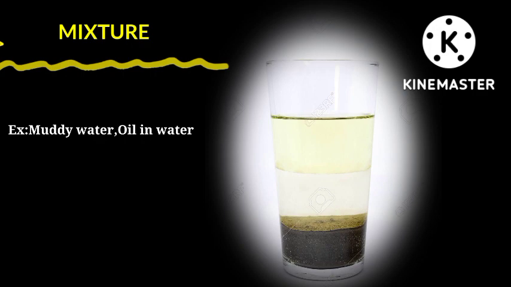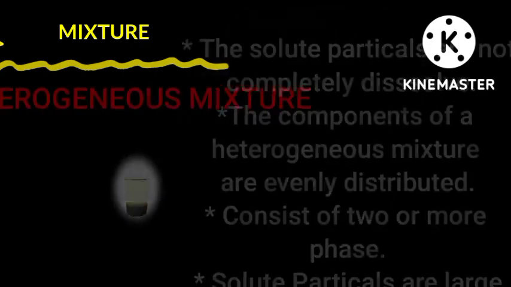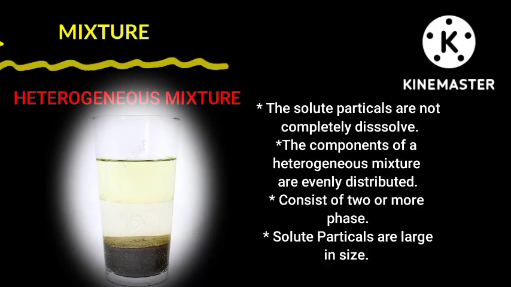Now, observing this, tell the properties of a heterogeneous mixture. The solid particles are not completely dissolved in a heterogeneous mixture. The components of a heterogeneous mixture are unevenly distributed, and it consists of two or more phases where the solid particles are larger in size.